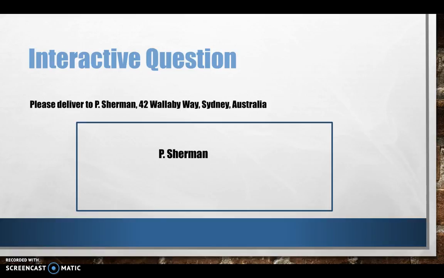The second line is the building number and the street, 42 Wallaby Way. The last line contains the city and the country, because Australia is not in the United States. And there has to be a comma between Sydney and Australia, because that is between the city and the country.